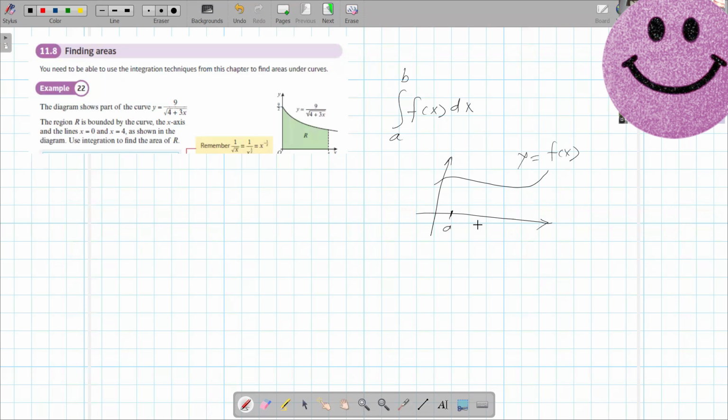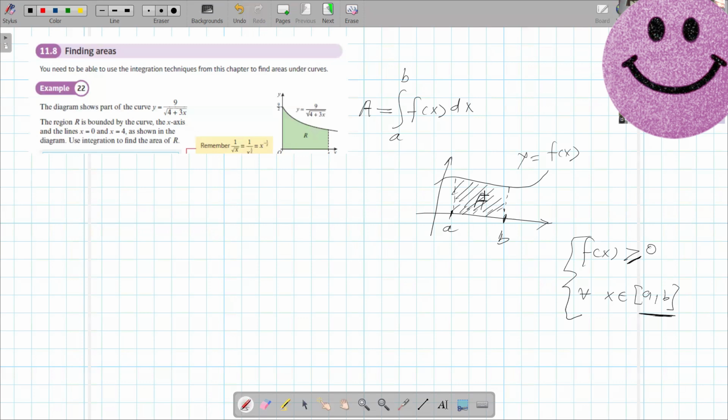So let's say from A to B, it has a graph like this, and from A to B, f of x should be positive, or we can say non-negative, for all x in this interval from A to B. If this condition holds, that f of x is non-negative for all the values in this interval, then the definite integral gives us area under the curve, this area between A and B, between these two vertical lines and above the x-axis.